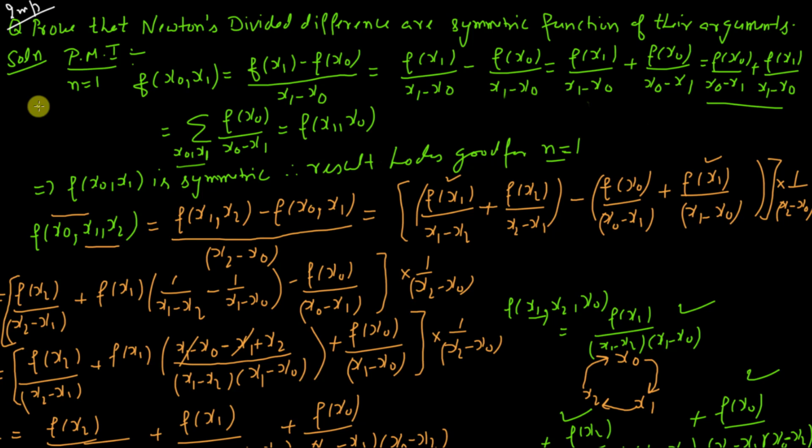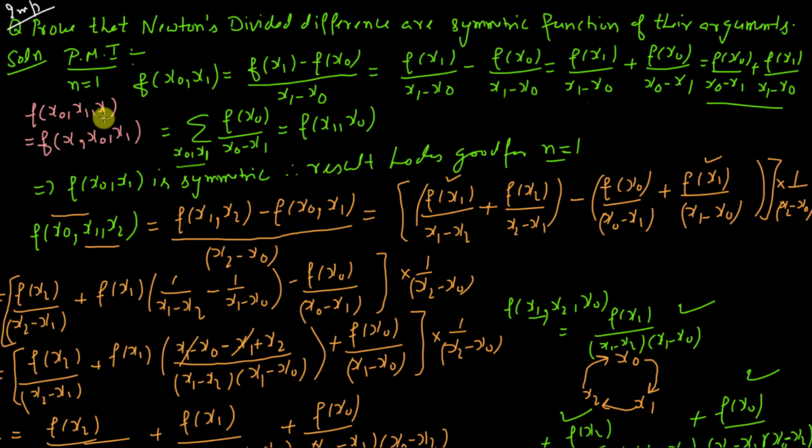So what is the meaning of this theorem? If we are asked to find divided difference of x0, x1 and x with respect to these arguments, and in the other one we have written first x, then x0, x1, then the result will be same, because we have just proved that Newton divided differences are symmetric functions of their arguments.